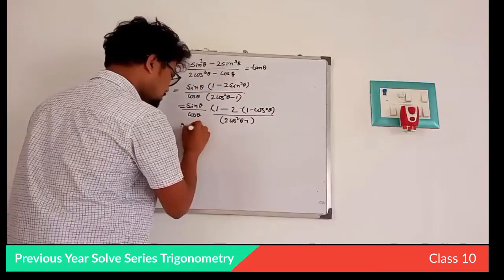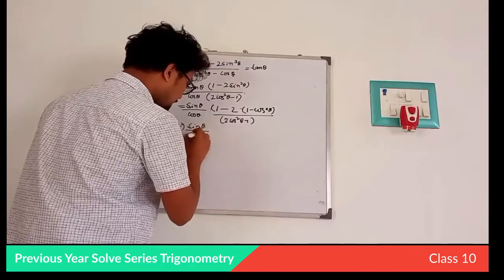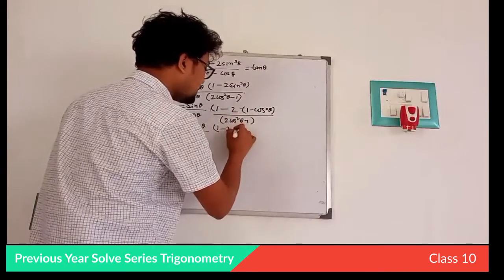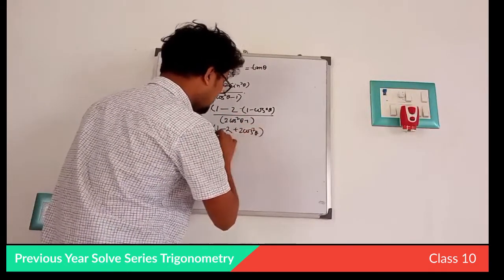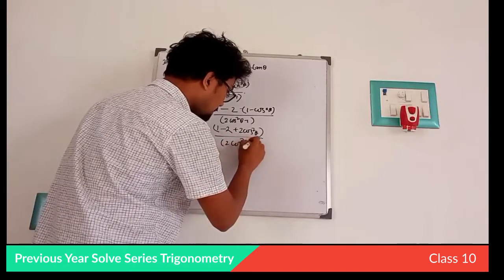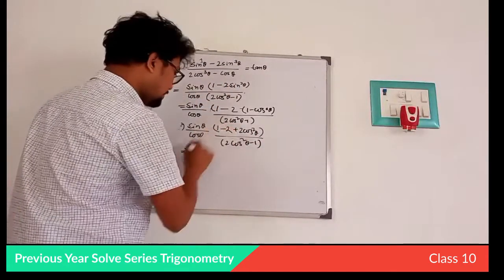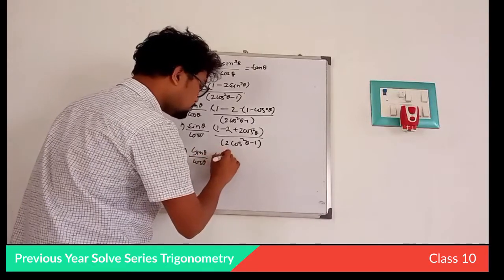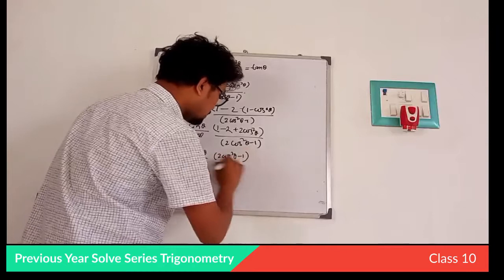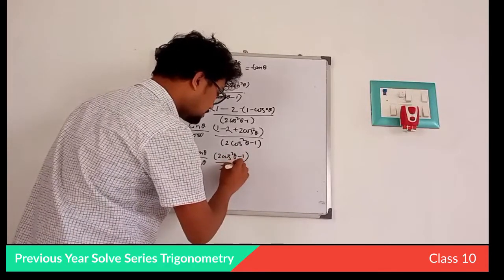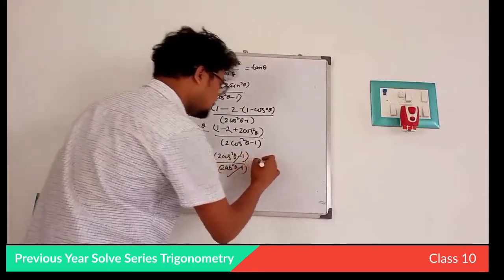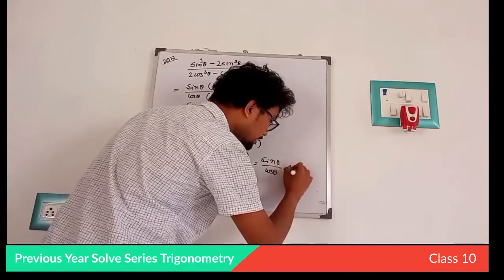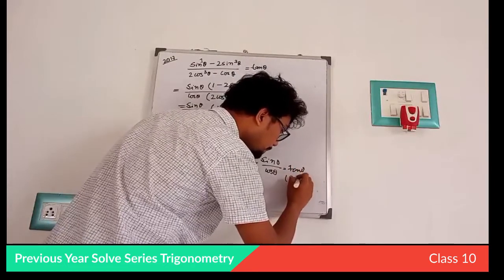Sin theta by cos theta, 1 minus 2 plus 2 cos square theta by 2 cos square theta minus 1. So 1 minus 2 is minus 1, so we get 2 cos square theta minus 1 by 2 cos square theta minus 1. These cancel each other, so sin theta by cos theta equals tan theta. Proved.